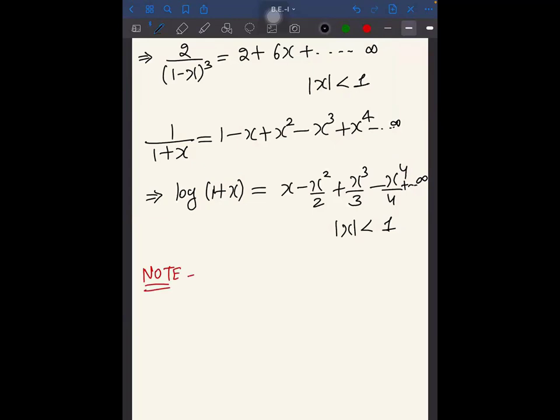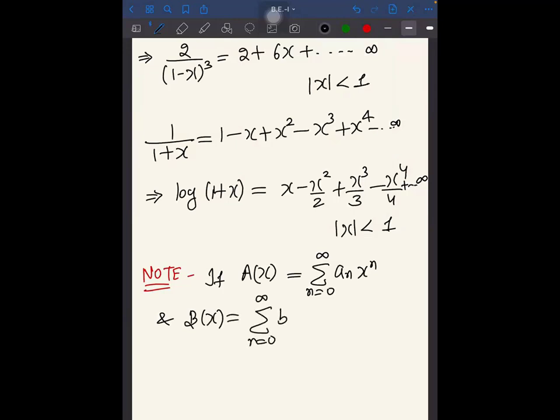If we have A(x) equal to the summation n runs from 0 to infinity of a_n x^n, and B(x) equal to the summation n runs from 0 to infinity of b_n x^n, right?